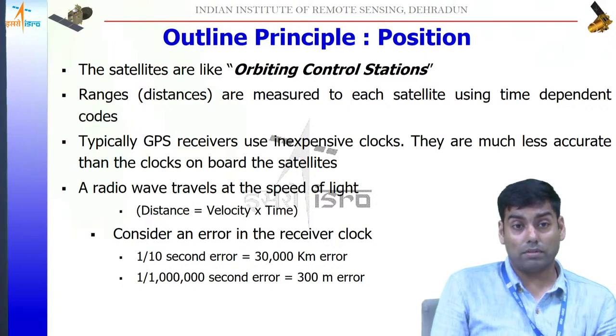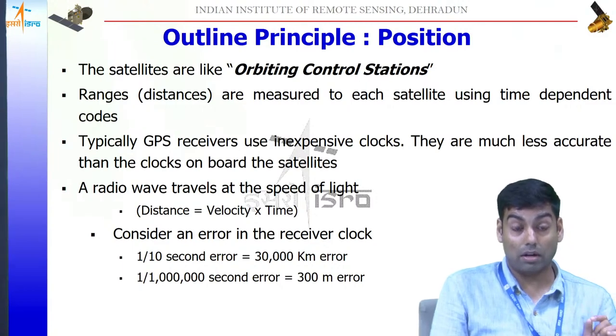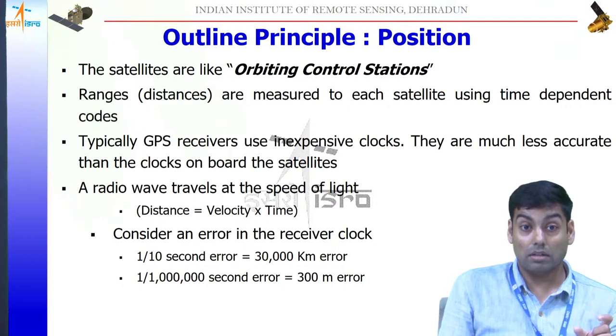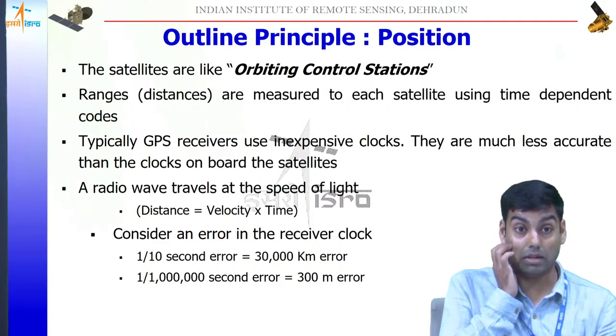Radio waves travel at the speed of light, so distance equals velocity into time. If there is a clock error of 1 by 10, then the error would be 30,000 kilometers. It's very big.